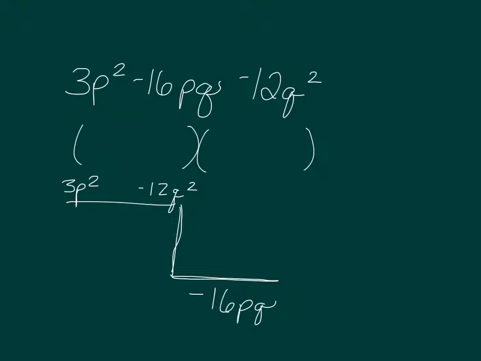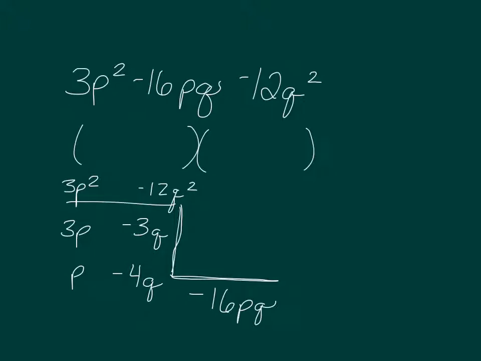Alright, so I can break 3p squared up into 3p and just p. But how can I break negative 12 up? Negative 12q squared. What about a negative 3q and a negative 4q? So the only thing that makes this different from the other ones that we've been doing is that we're going to have a q on the end.